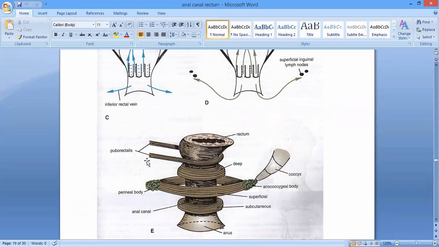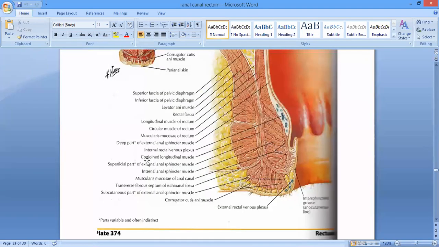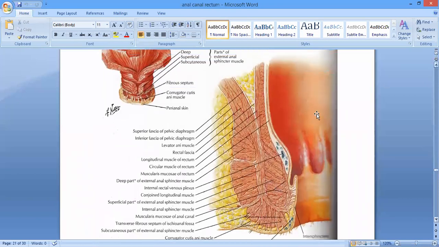Other than these puborectalis fibers, these fibers coming are the levator ani muscles. Other than that, there are the longitudinal muscle fibers, which I just showed you before. This is continuous above with the rectum, and they are going to make a continuous coat around the anal canal.